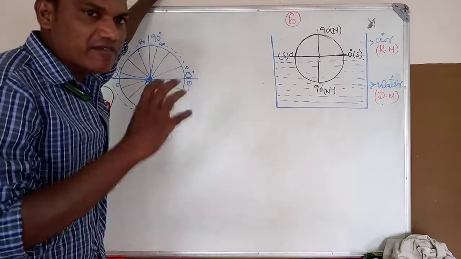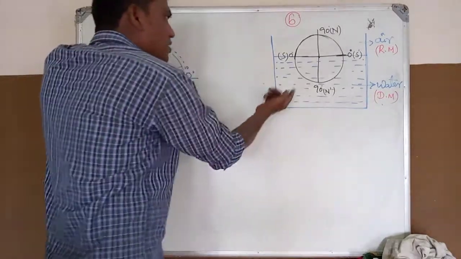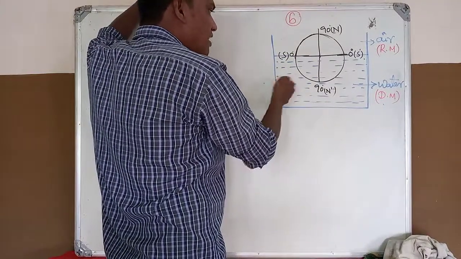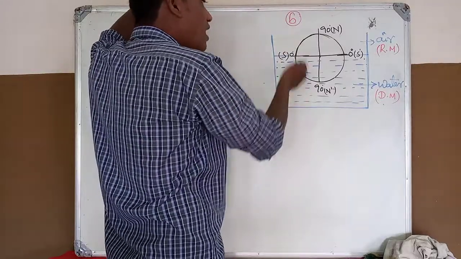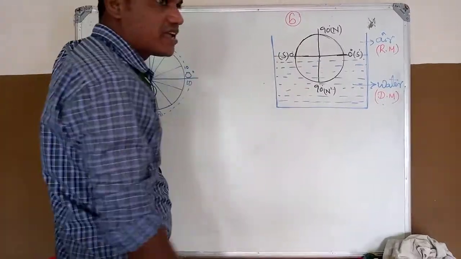We know that when light travels from denser medium to rarer medium, angle i is less than angle r, and angle r is greater than angle i.